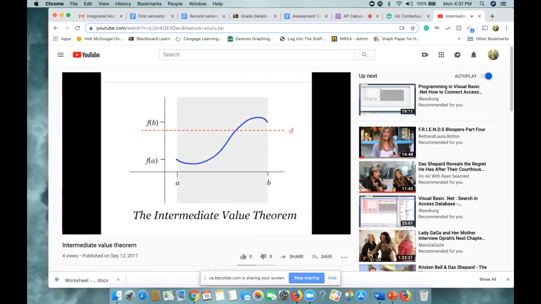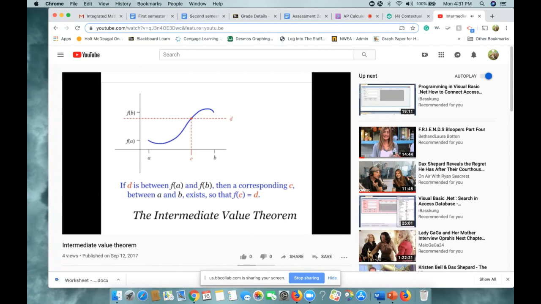Not only will it cross the function, it'll cross the function between the x values of a and b. And as you can see, it crosses the function right here, and we call that x value c. See how this ties in with the theorem? If we pick a d between f of a and f of b, and it relates to a c between a and b, that's it. That's all there is to the intermediate value theorem. If you don't quite understand it, well, let's take a look at a real-life example, and it'll become even clearer.